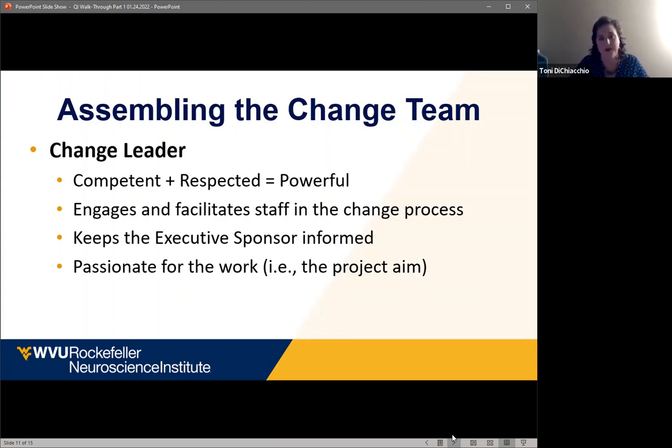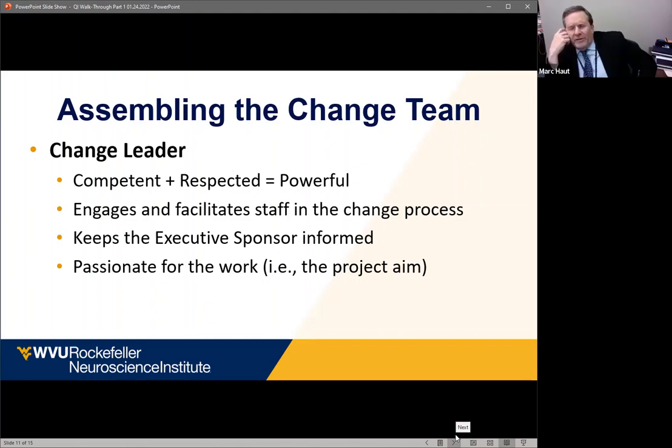It would be a good idea to have a good relationship with an executive sponsor if there is such a role, because this change leader will be keeping the executive sponsor abreast of the progress of the project, what the outcomes are, if there are any hiccups or problems that need to be taken care of.